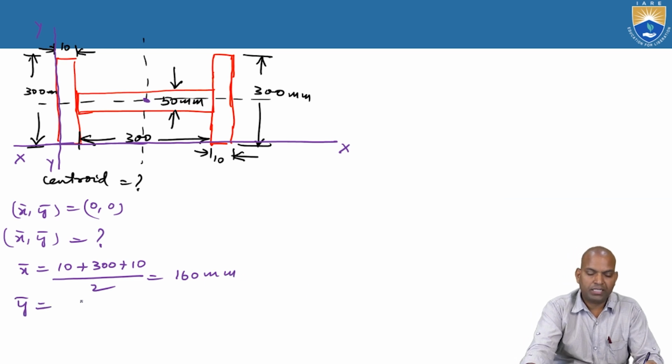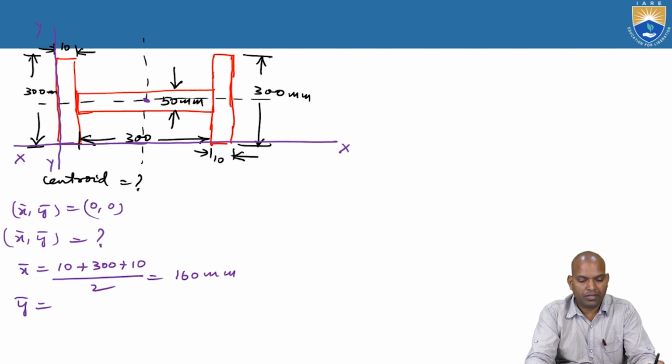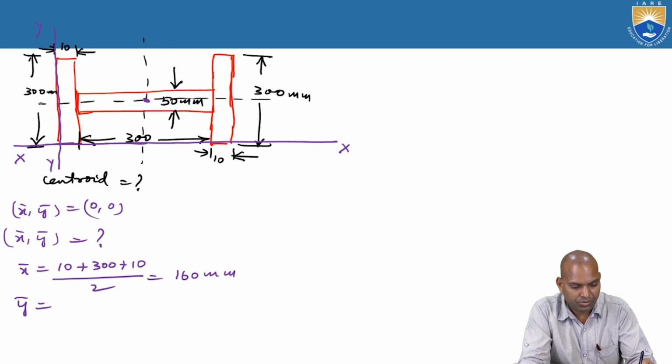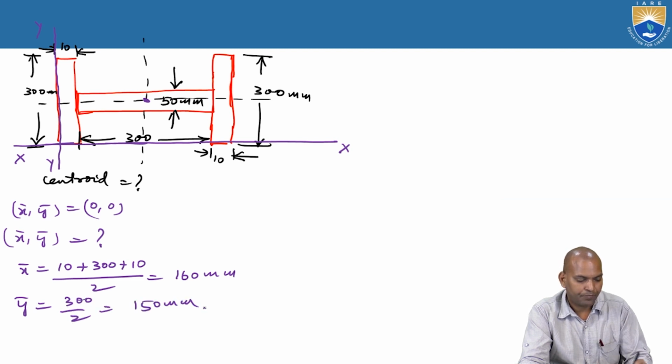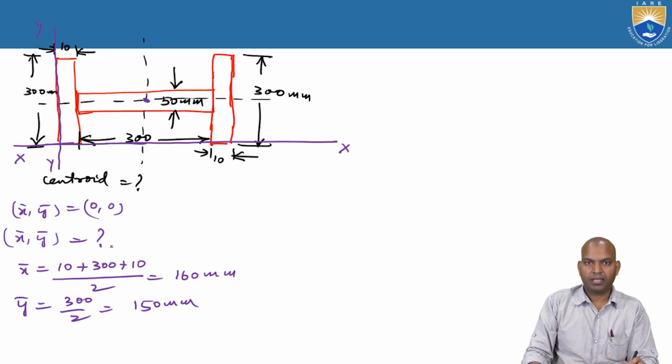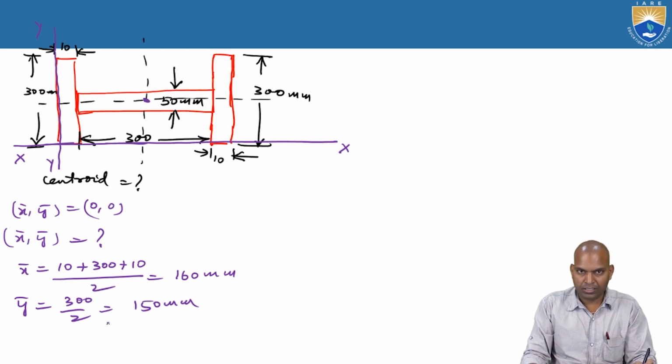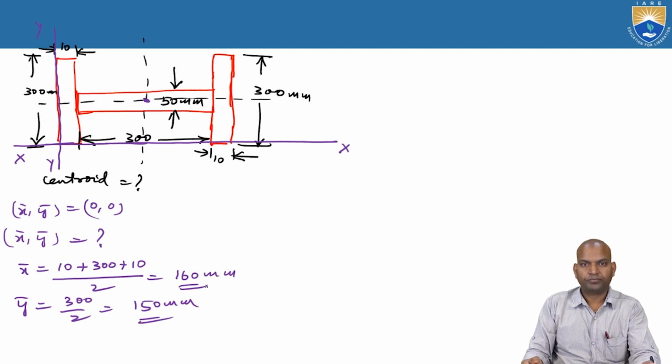Bar y is also symmetrical about the vertical axis. So bar y is the total vertical distance, 300 millimeters by 2, that is 150 millimeters. So we calculated bar x and bar y. This is one method to calculate the centroid of two lines of symmetry planes. Observe it here, it is 160 and 150 millimeters.